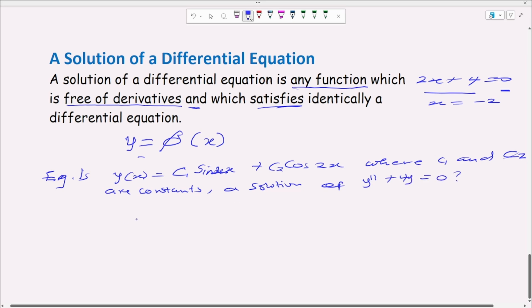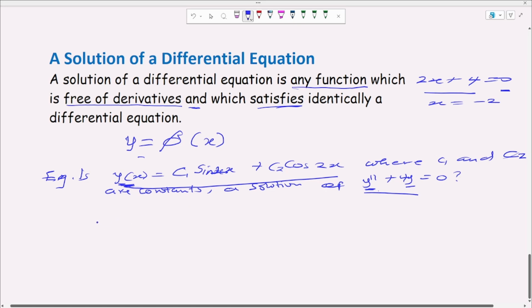How do we test that this solution satisfies this differential equation? First, we look at the differential equation given. y is differentiated twice, and then we have just y, so we can substitute it and be free. So the only work we do here is to differentiate y twice.